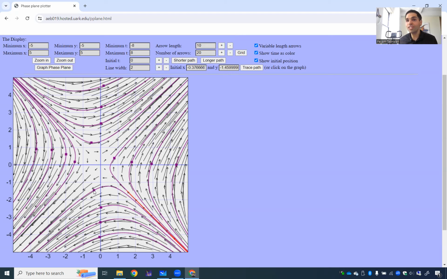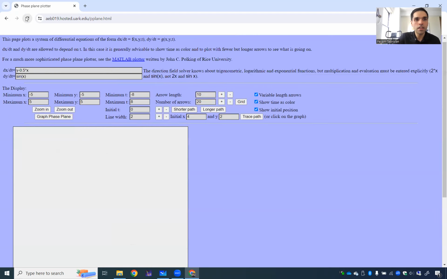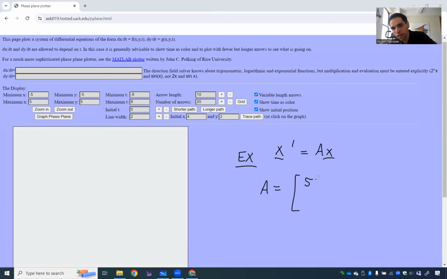And of course, we can do it for different differential equations. So for instance, let's try to do it for the following. Let me try to annotate. How about x' = Ax, where A is [5, -2; -1, 4]. Same thing here.